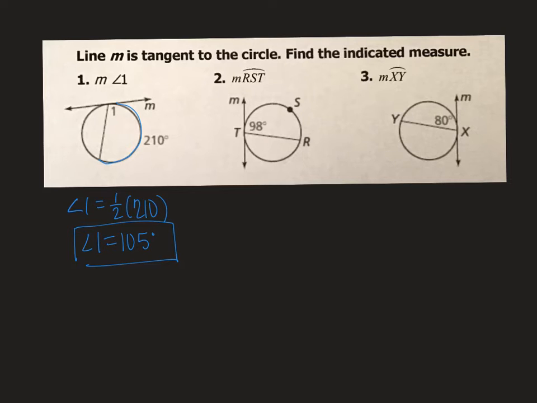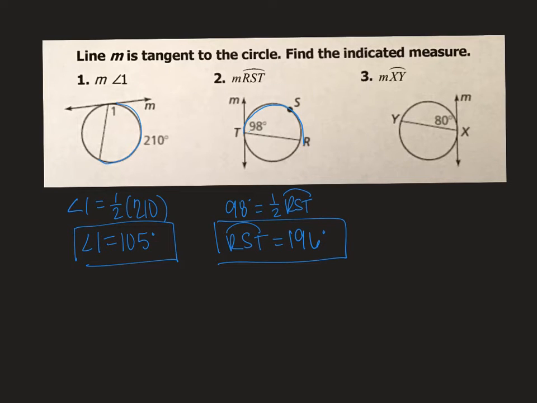In number 2, we want to find the measure of arc RST. So this angle is 98. So that 98 degree angle would be half of that arc RST. So to solve for that arc, we are going to multiply 98 by 2 to get 196 degrees for that arc.